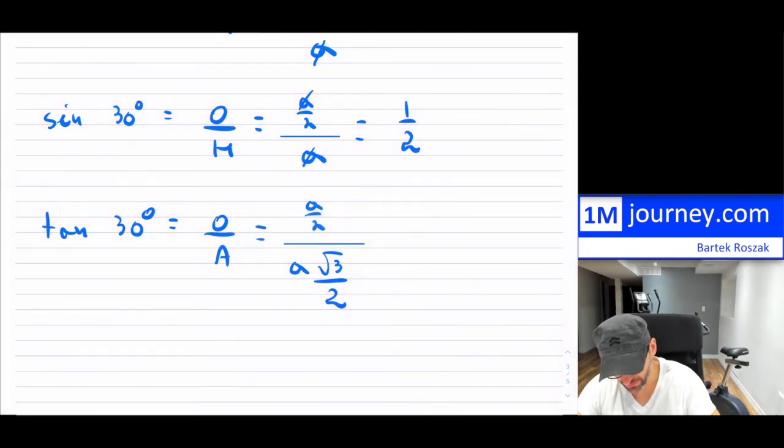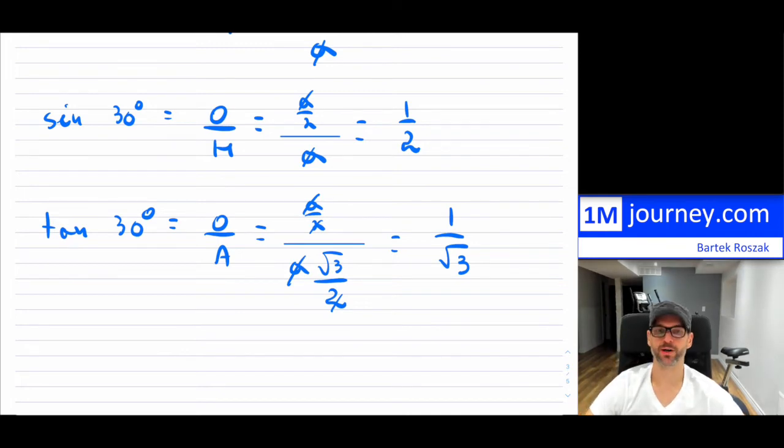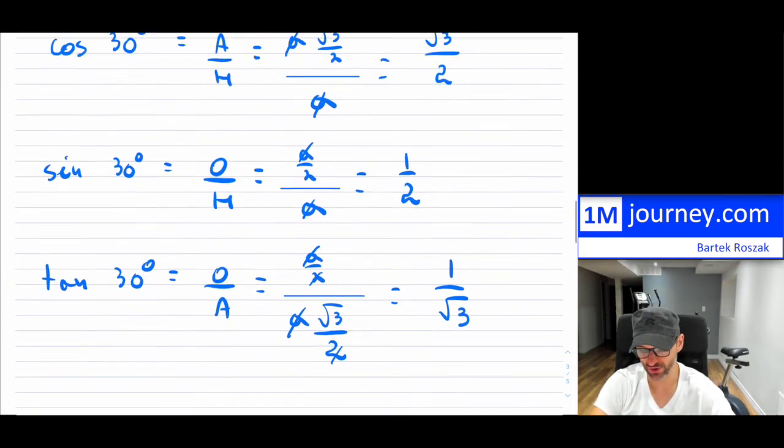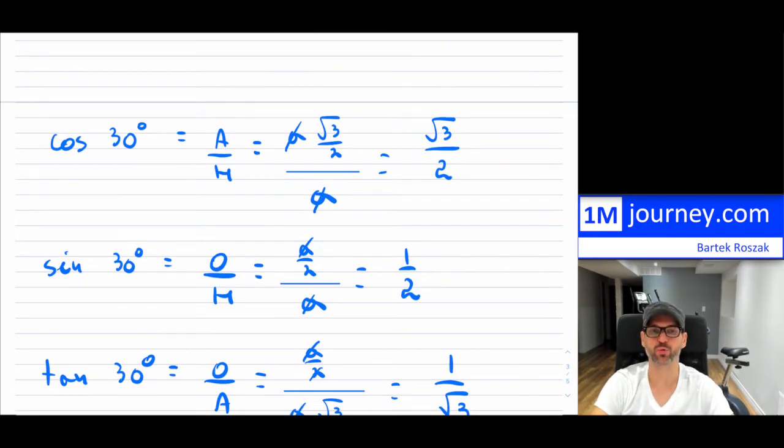Again, the a's cancel, the 2's will cancel, and here you're just going to get 1 over square root of 3. You should notice a pattern here between the 60 degrees and the 30 degrees: they swap. The cosine and the sine swap, and the tangent is basically just the reciprocal. That is exactly what you have.